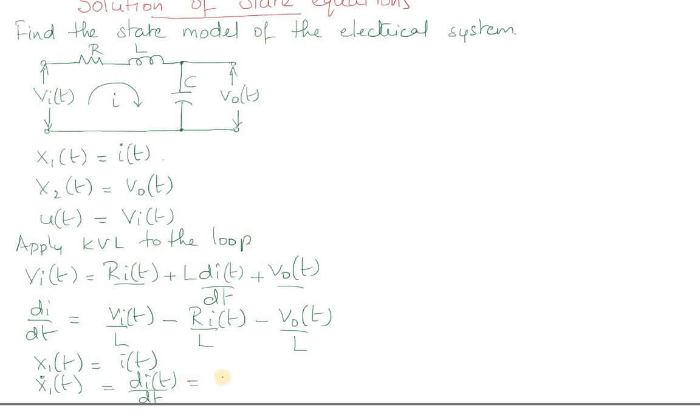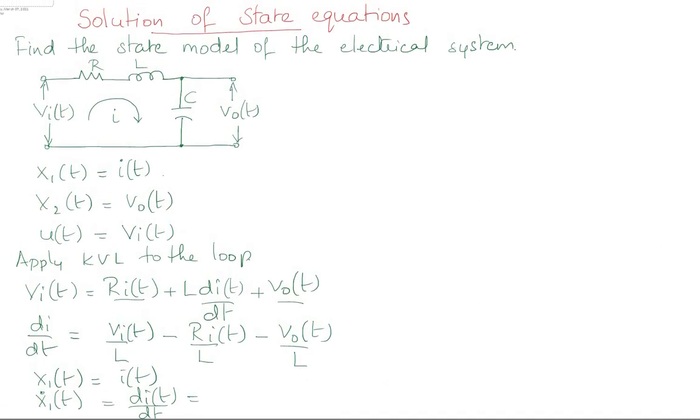So this is also equal to, we'll write this in proper order. First we'll write this R into I of t, but I of t is x1 of t. So x1 dot of t is equal to di of t by dt. Okay, so we have the first term is minus R by L into I of t, but I of t is x1 of t, so put x1 of t here.